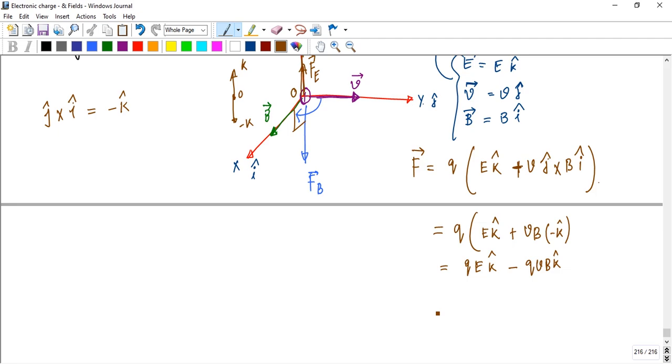Taking K cap common, the force is Q E minus Q V B, times K cap.